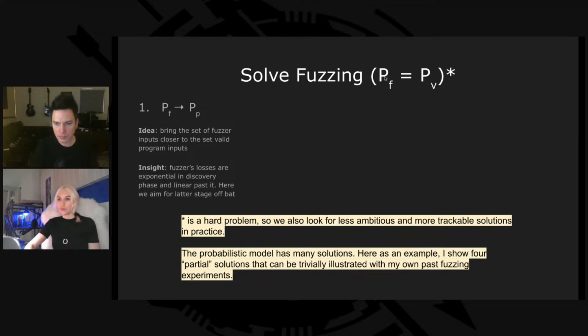As I mentioned previously, our goal is to make the probability distribution of the fuzzer equal to the probability distribution of vulnerability-causing inputs. But this is obviously a hard problem, otherwise fuzzing wouldn't exist. So instead of tackling the hard problem directly, we try to move toward it by looking at more tractable and less ambitious approaches.